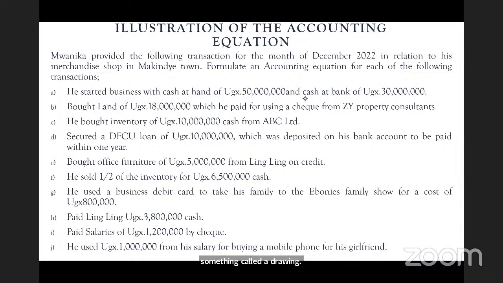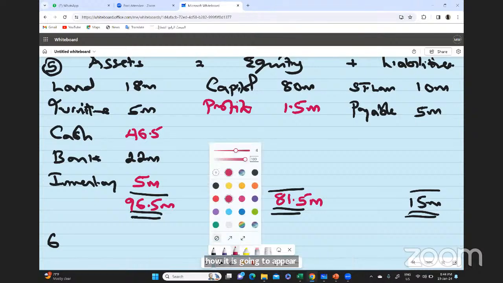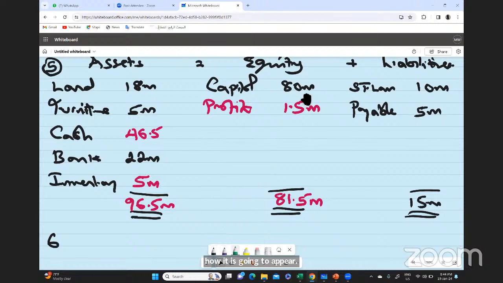A drawing, and we shall put it in bracket to show that it is going to reduce, okay? This is how it is going to appear. So we shall have a drawing here of 0.8 million.